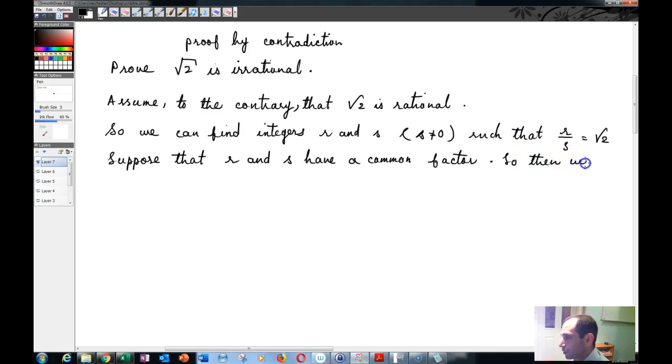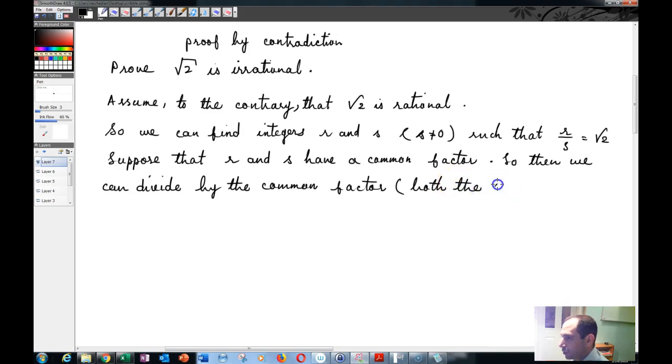Then we can divide both the numerator and the denominator by the common factor to get a and b, for example.